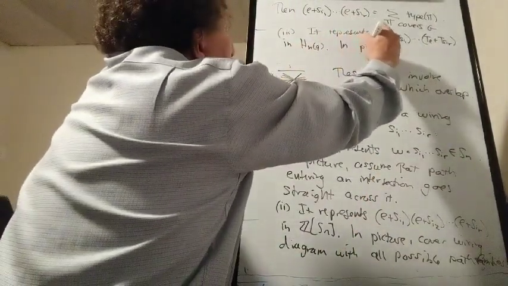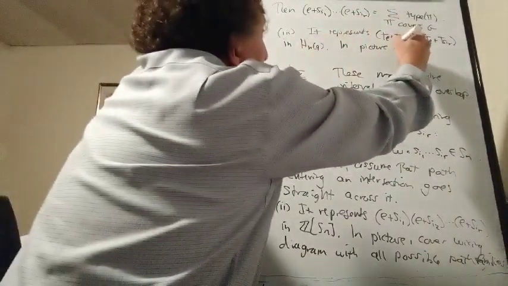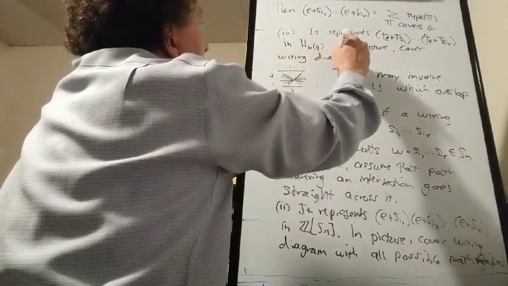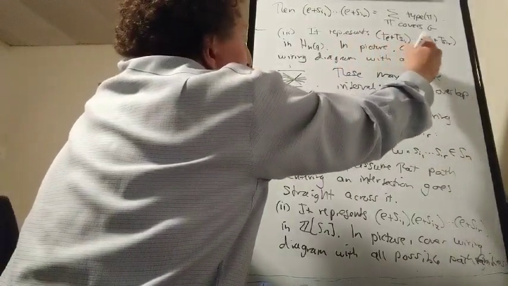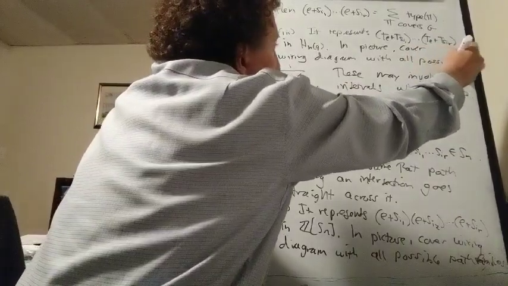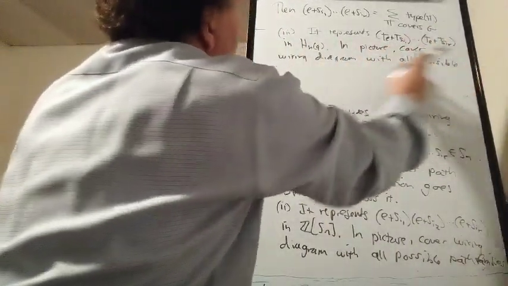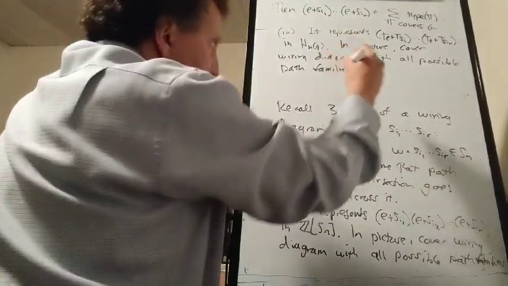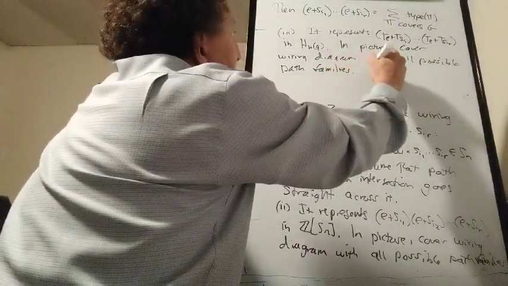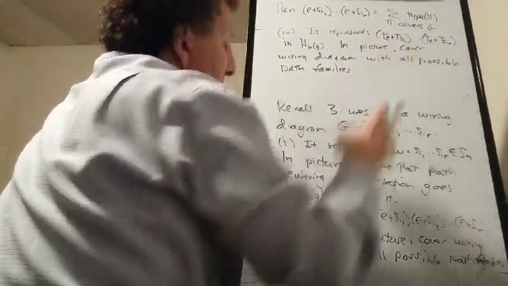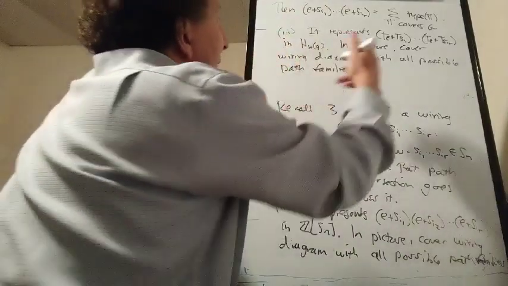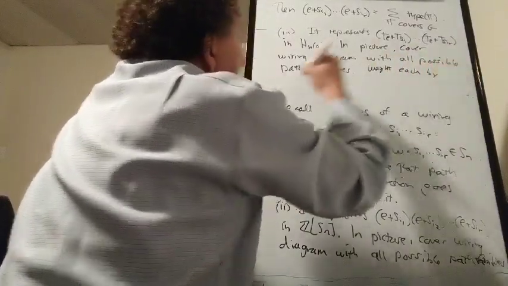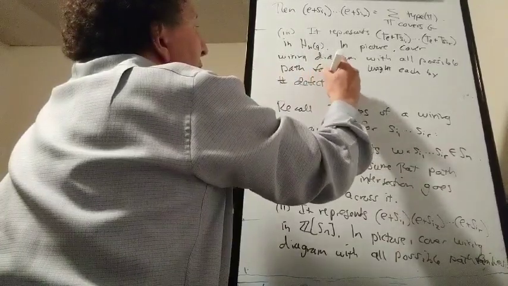And then in the picture, we cover the wiring diagram with all possible path families, and then we weight each by the number of defects using Deodhar's rule.